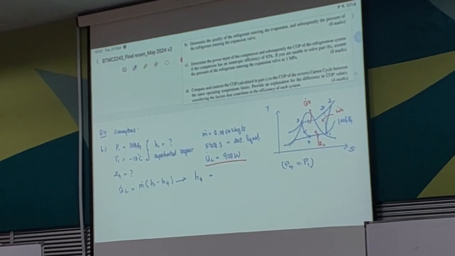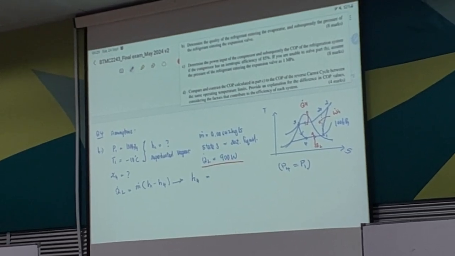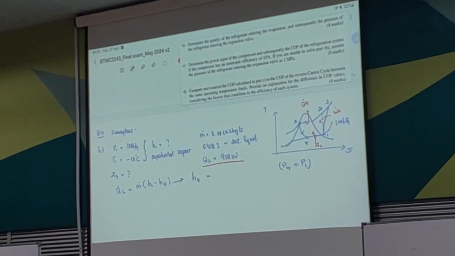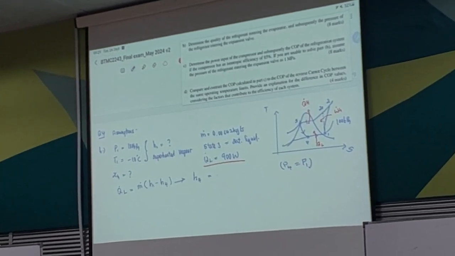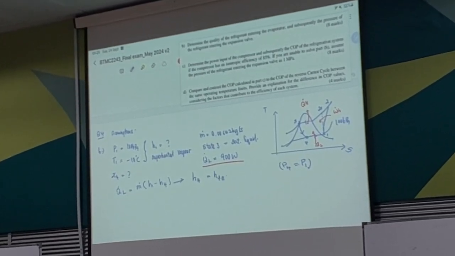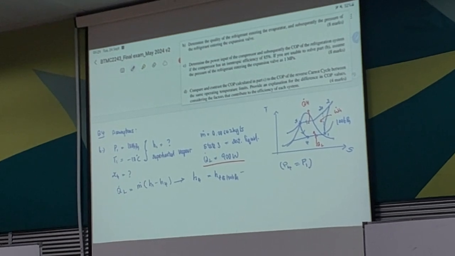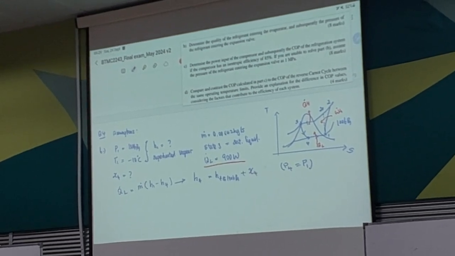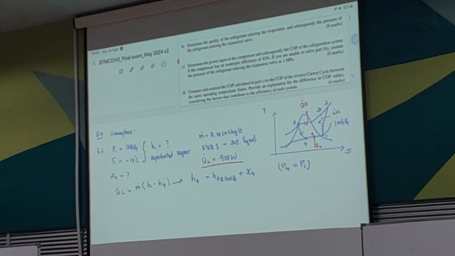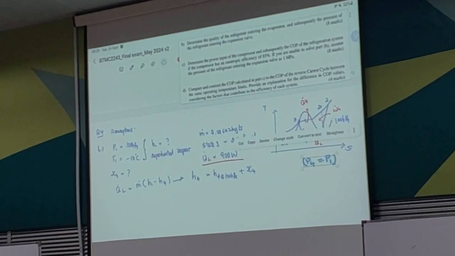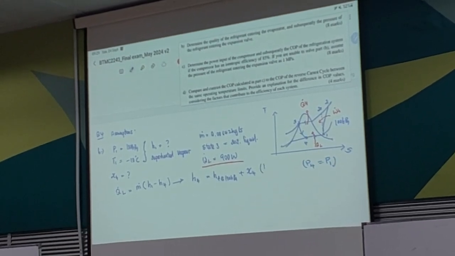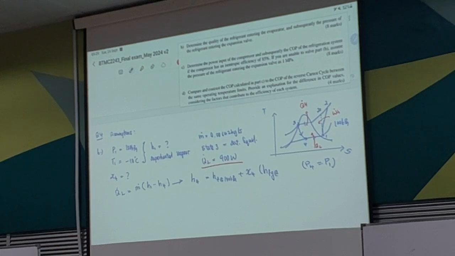We always assume that there's no pressure drop, so they are at the same pressure level. P4 is P1, which means H4 is equal to just HF at 100 kilopascal plus X4 times HFG at 100 kilopascal.